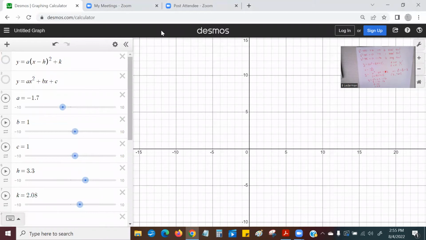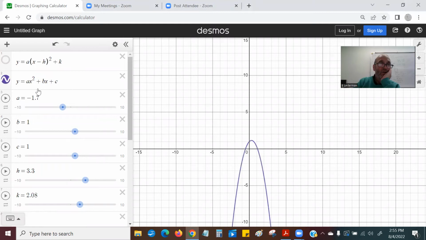So looking at y equals ax squared plus bx plus c, the problem we just had was x squared minus 6x minus 16.